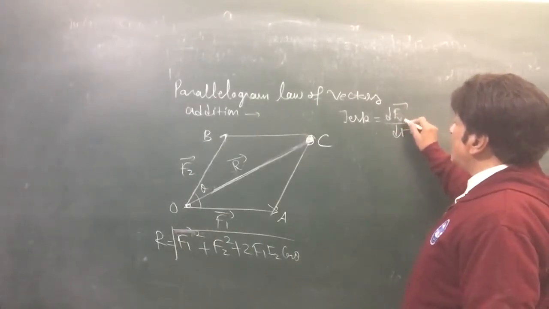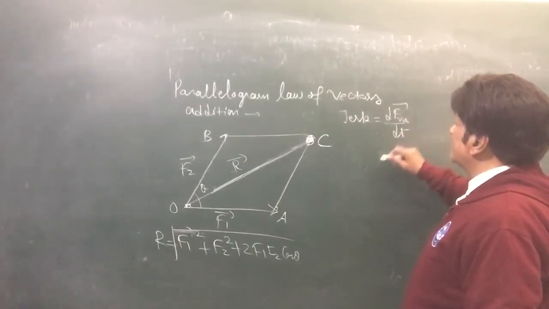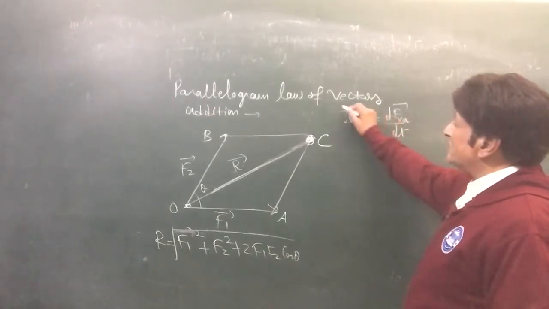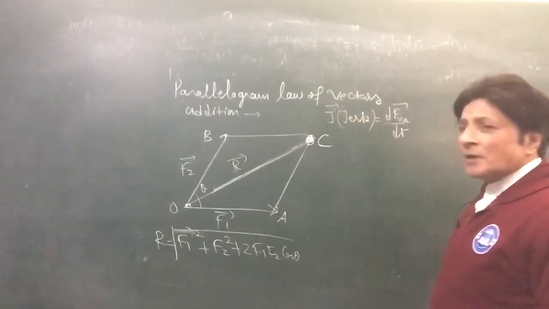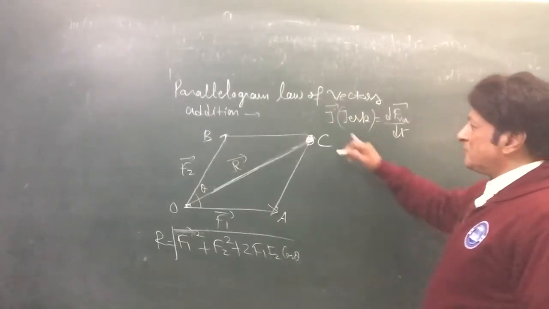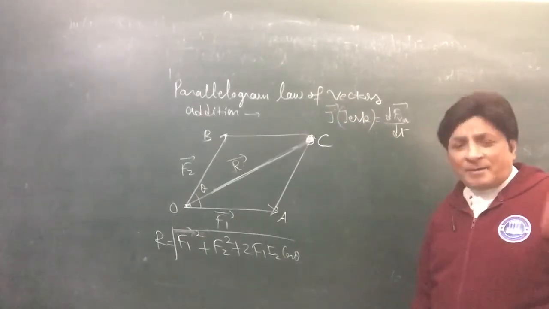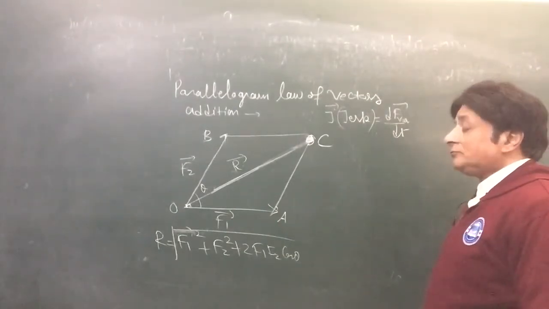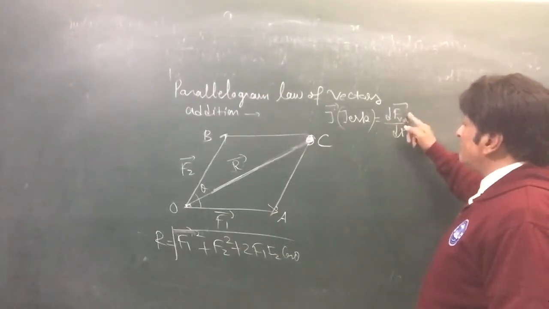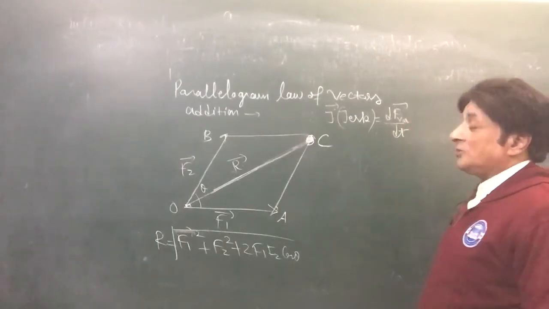The force is variable. The rate of change of force, that is called jerk, correct? I don't know whether jerk is represented by the letter J or not, but I am writing it on my own. So the rate of change of the force variable with respect to time is called jerk.